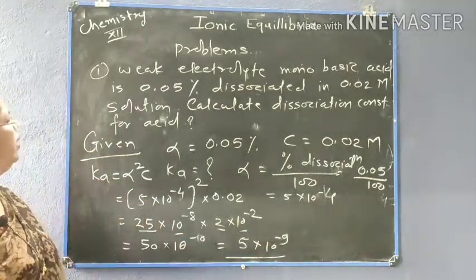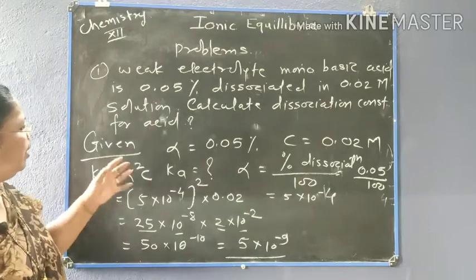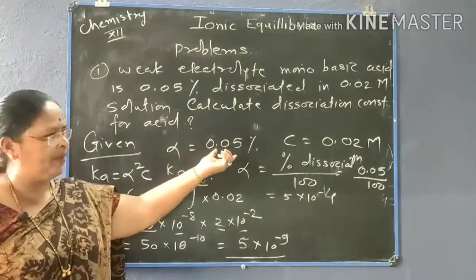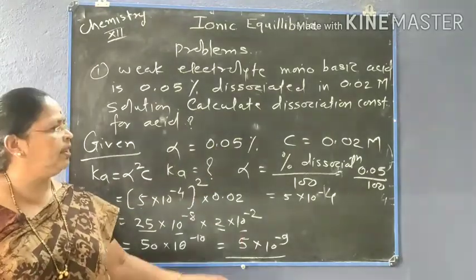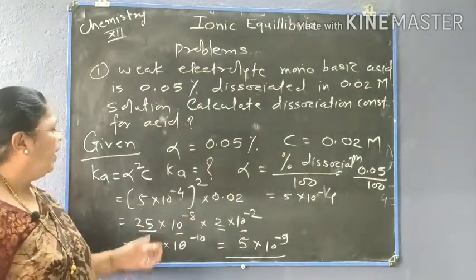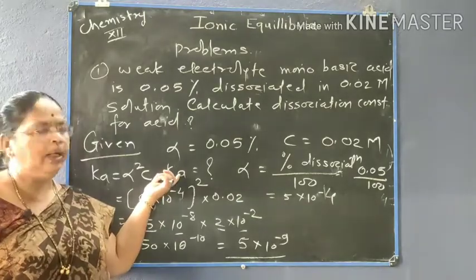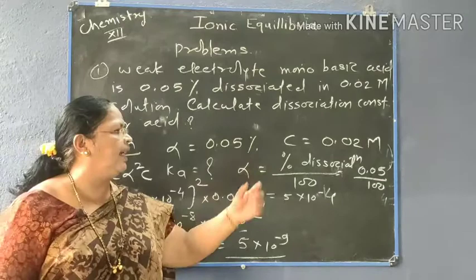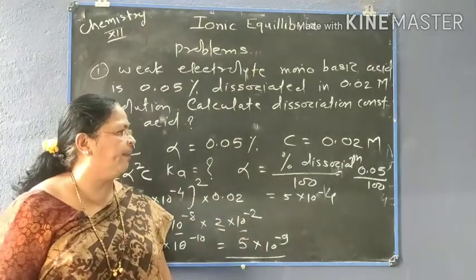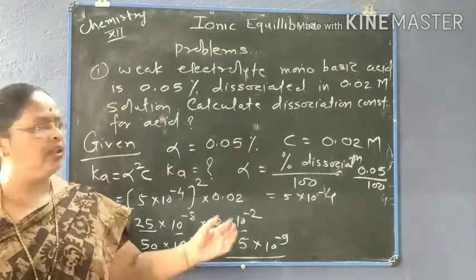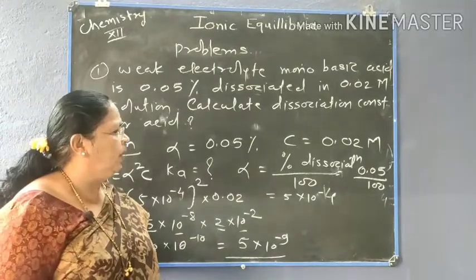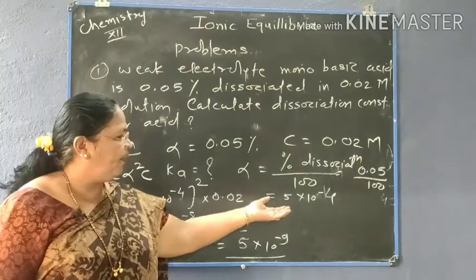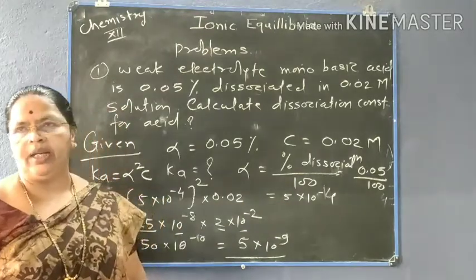Once again, in this example the given values are alpha, 0.05%, and concentration C, 0.02 molar, and you have to calculate K. You know the formula: alpha is equal to percent dissociation divided by 100, so 0.05 divided by 100 gives 5 into 10 raised to minus 4.